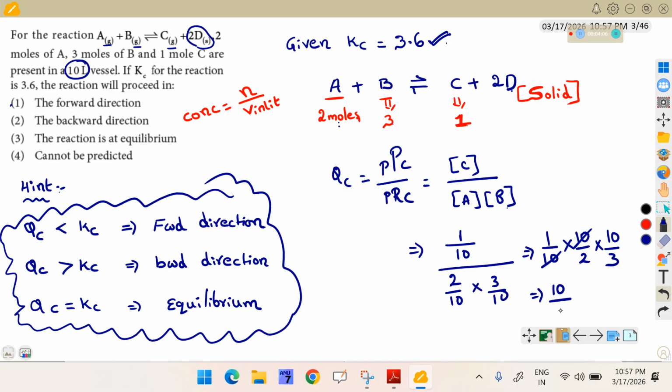Then you will get 10 by 6. 10 by 6 value is 1.66. So the Qc value is 1.66, the Kc value is 3.6. Qc is less than Kc. The reaction proceeds in the forward direction. 1.66 is less than 3.6.